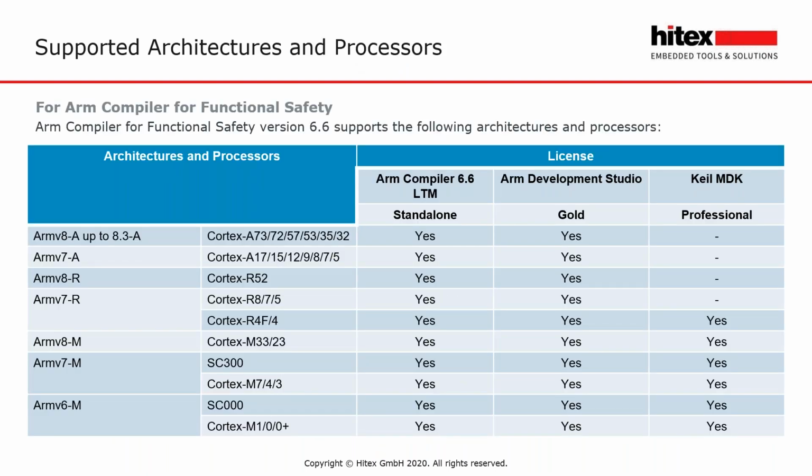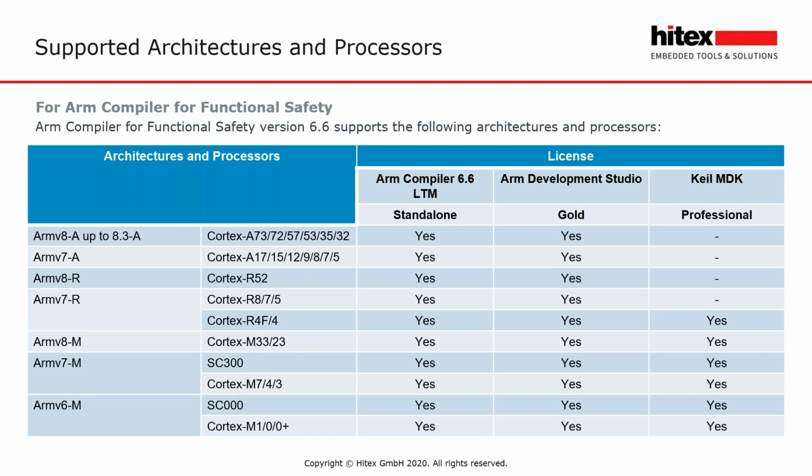Another thing that you should be aware of is that when you purchase the compiler, depending on the tool chain that you buy it with, there's a different range of processors supported. If you purchase the standalone compiler, it will support all of the ARM cores from A, R, and M. The same goes for the ARM Developer Studio.